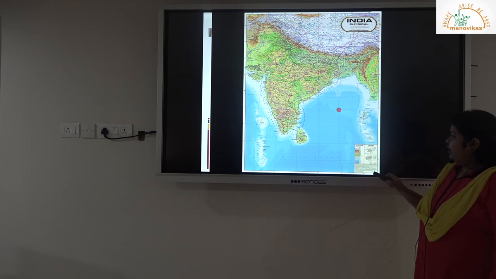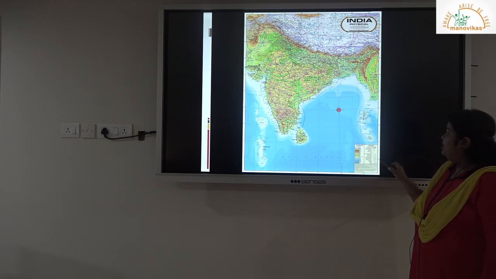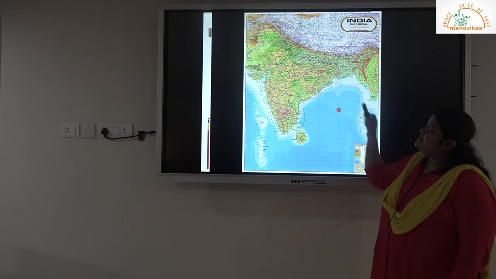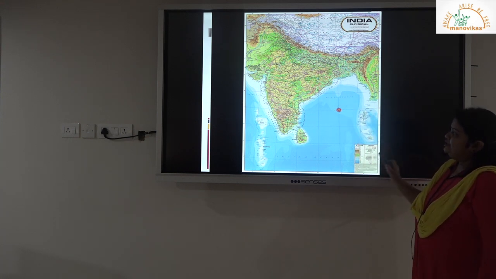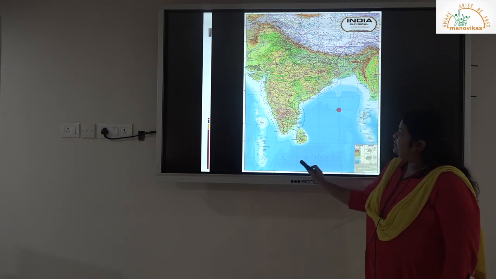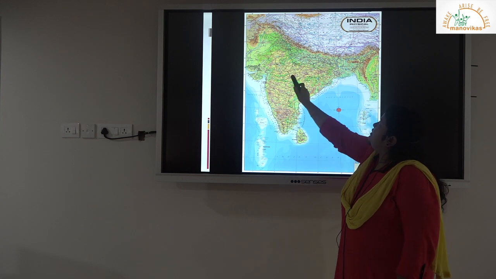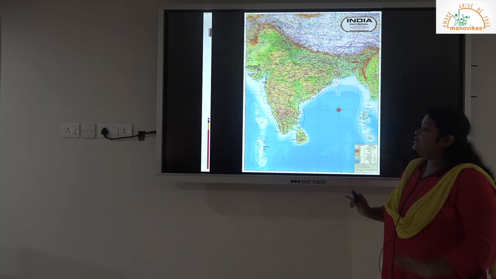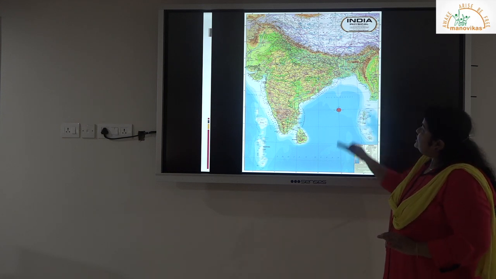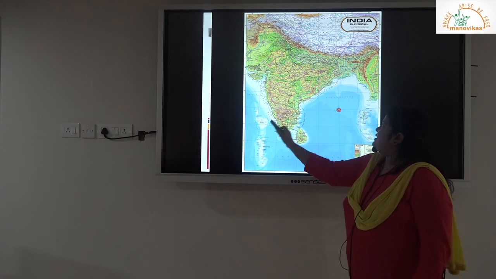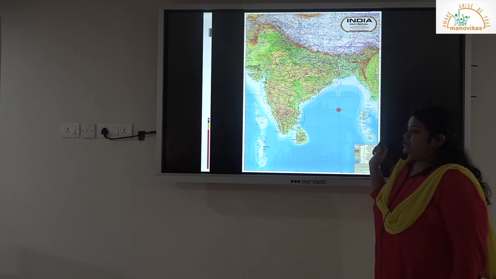Rivers are shown with blue color. Then you have a dotted line as a state boundary. All these things are part of your legend. Then labeling: we have Bay of Bengal labeled, Indian Ocean, Arabian Sea, India, Himalayas, and the neighboring countries, Maldives, all labeled. Then you can see these vertical lines as longitudes and horizontal lines as latitudes.